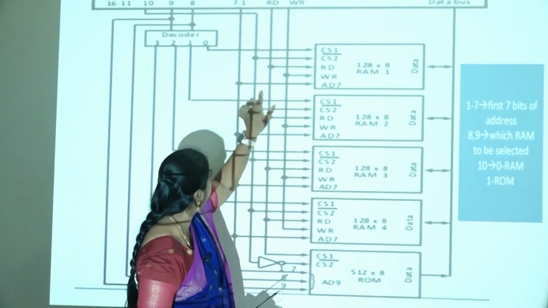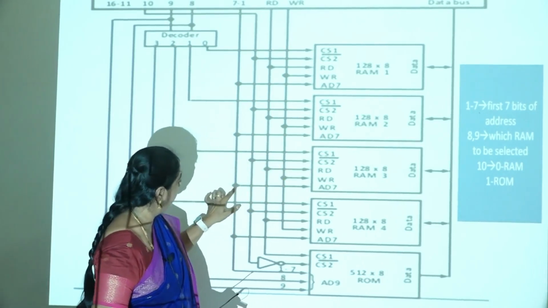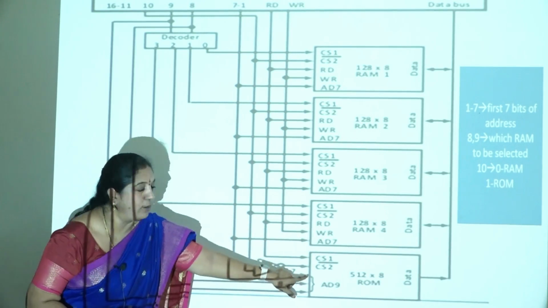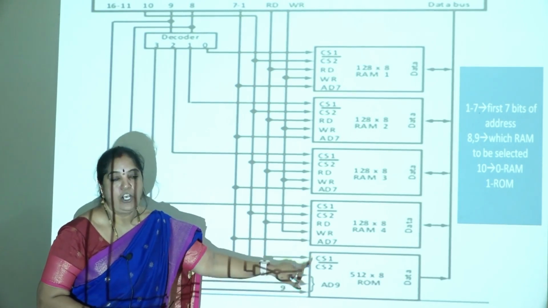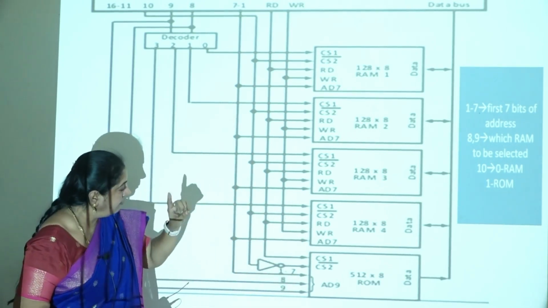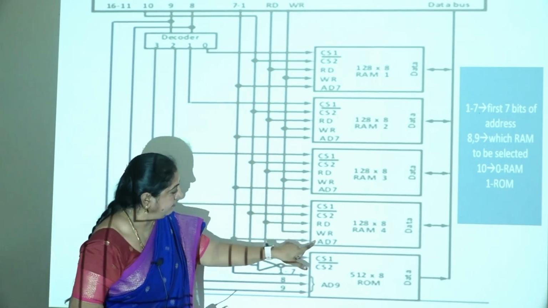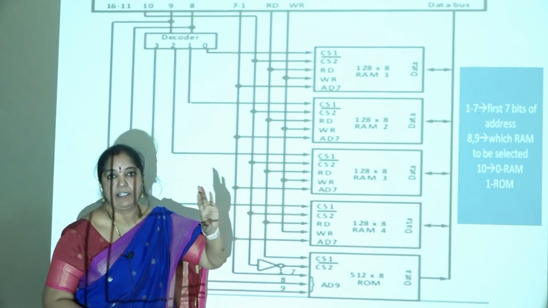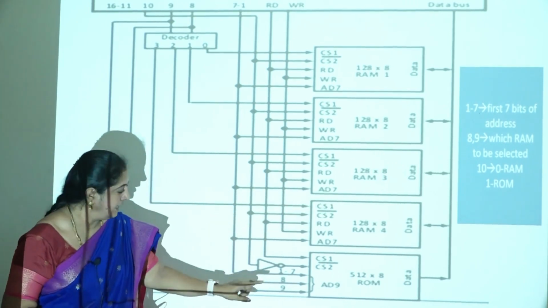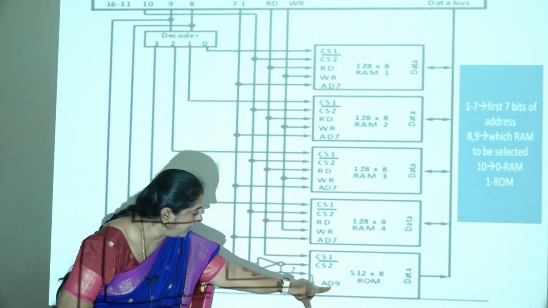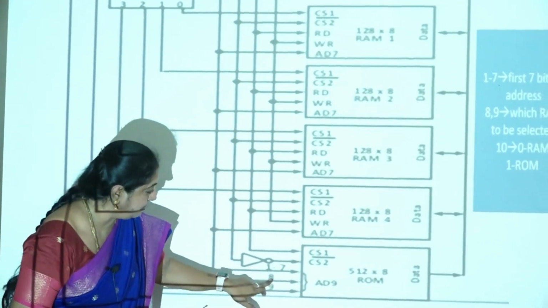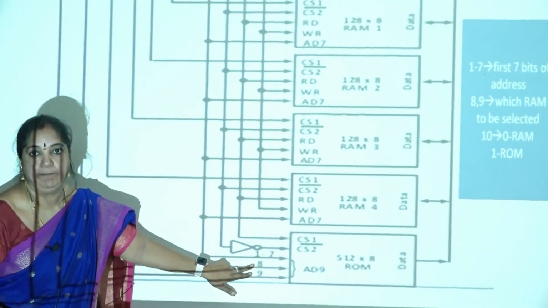RAM 1 is connected, RAM 2 is connected, 3 is connected, 4 is also connected, as well as the ROM. So the address is connected. But one thing you can observe: all these RAMs have AD7, 7 bits being sufficient to maintain the address, whereas here we have AD9, so 2 more bits are required. Those 2 more bits we have in 8 and 9.